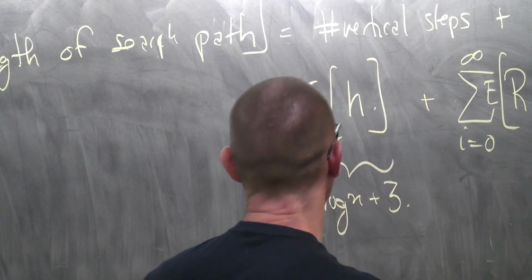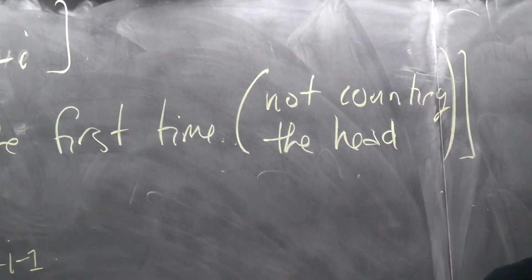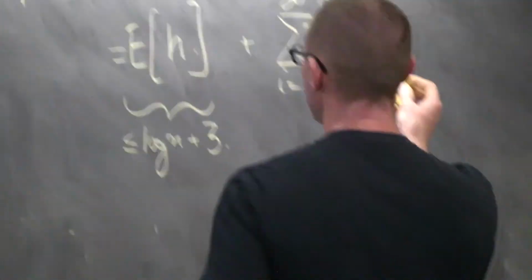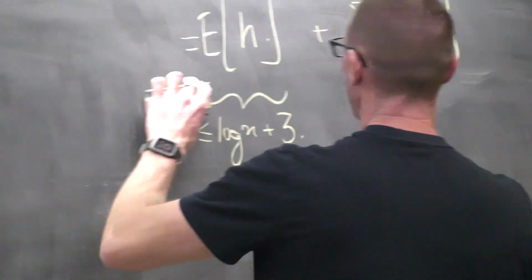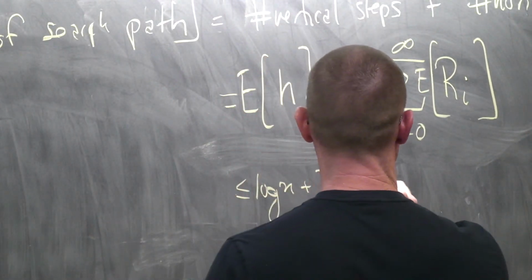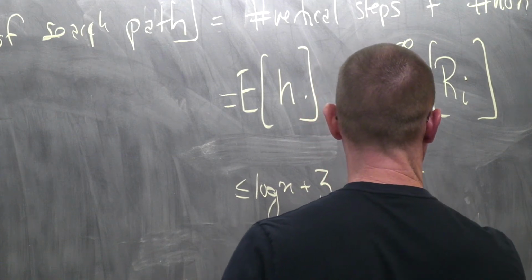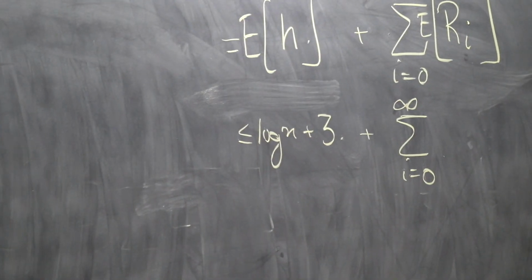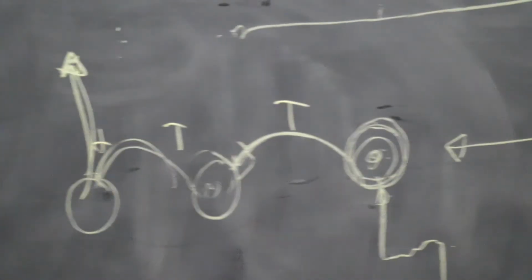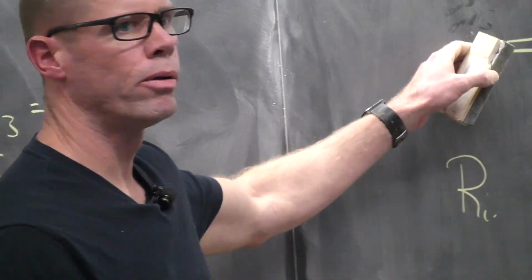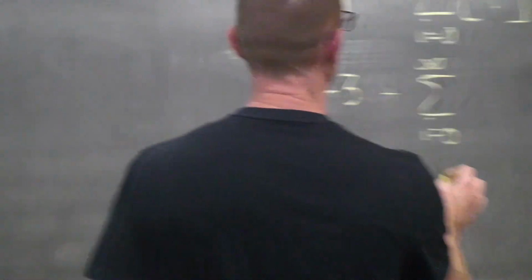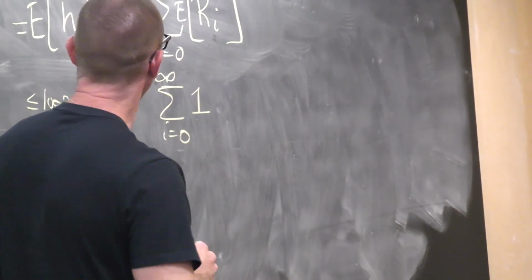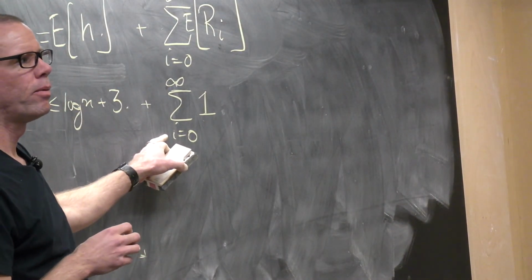And we're left with this guy, which we can say is, well, what do we know about the expected value of R sub i? It is less than or equal to 1. Is that good enough? Nope, because if I put a 1 here, I get a sum of infinitely many 1s. We're not quite done.